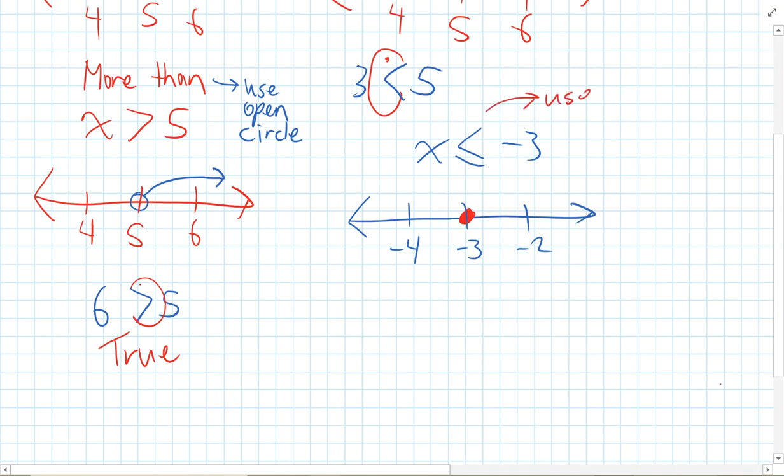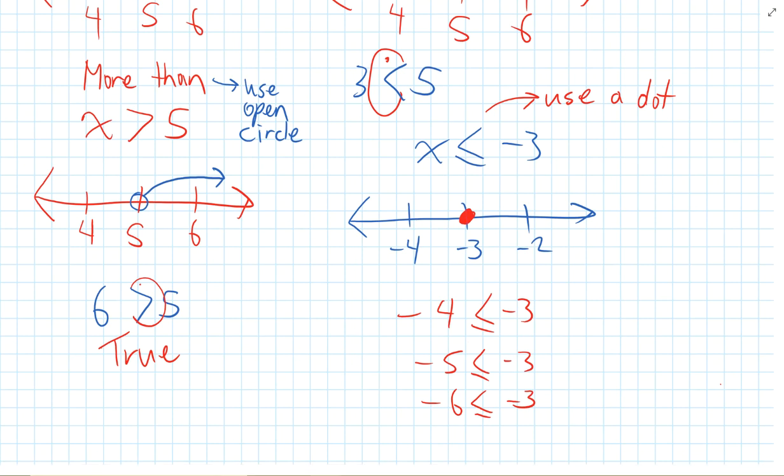Okay, use a dot. But what else can be less than -3? Well, -4 can be less than -3 because Pac-Man's eating the larger number. It's a true statement. Same with -5, same with -6. Those ones are also both less than -3. So we have to shade in that direction.